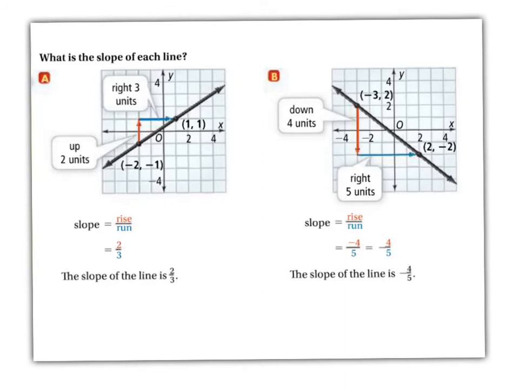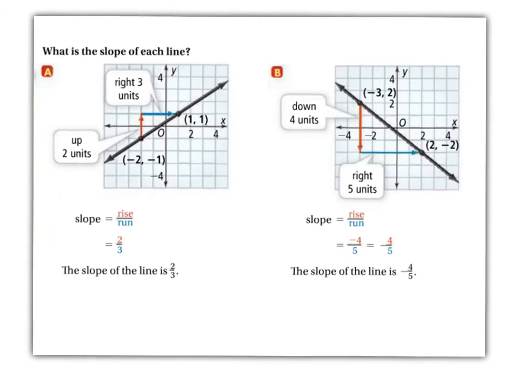Right here it says, what is the slope of each line? We have this dark black line, and I took this from the book, which is why it has all this extra stuff. All you do is pick 2 points on the graph. They picked this point in blue and this point in blue. To figure out the slope, you just calculate rise over run by counting the blocks.